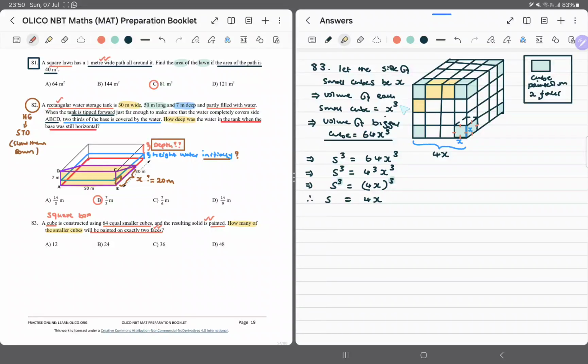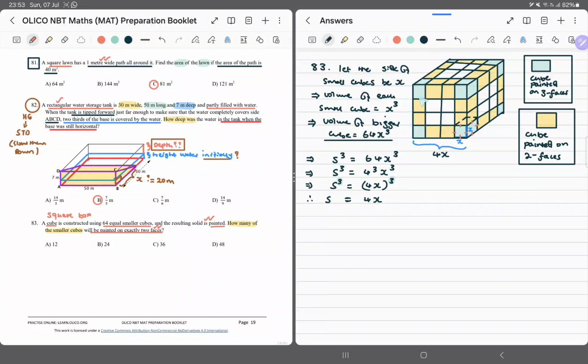It's this front face and the side face, front face and the side face. This one is also front face and the side face, front face and the side face.